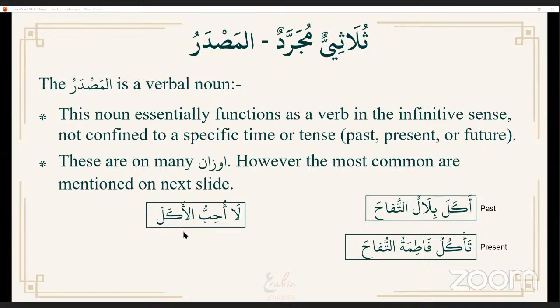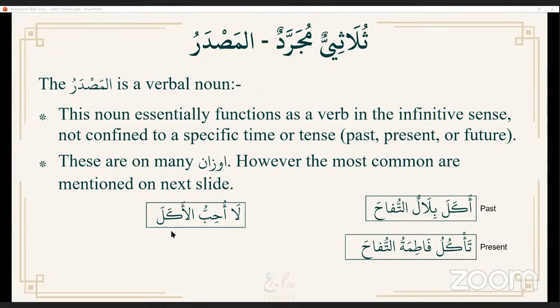Understood, brothers and sisters? So there is a difference. Don't get confused. Akala is a fail. This is fail. This is akalun, meaning eating. This is a noun. So they are two different words. Coincidentally they look similar, but this is ism. What is important to tell you is this is masdar here.